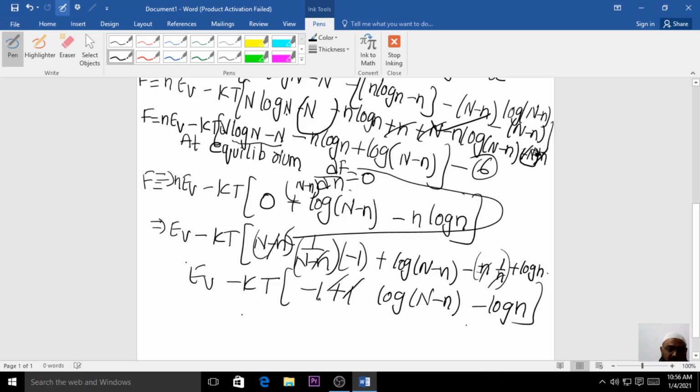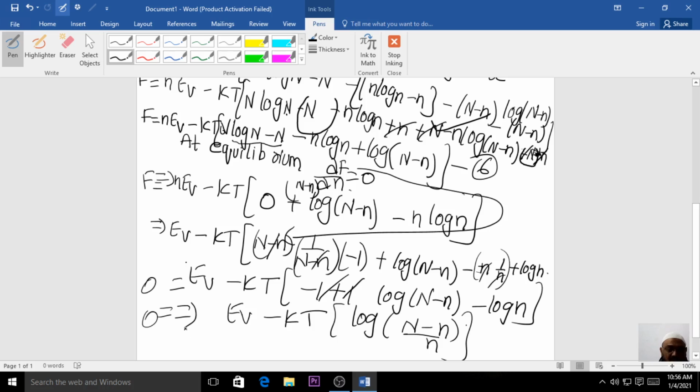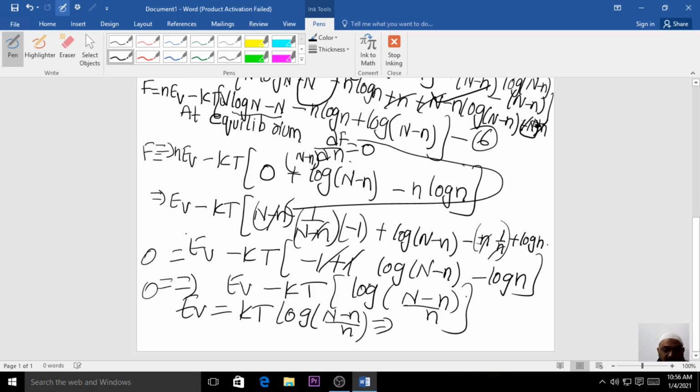So plus 1 and minus 1 get cancelled. EV minus KT, so what will be log of N minus n by small n. Now this is equal to 0, so EV is equal to KT log of capital N minus small n by small n. So this term will be like this.